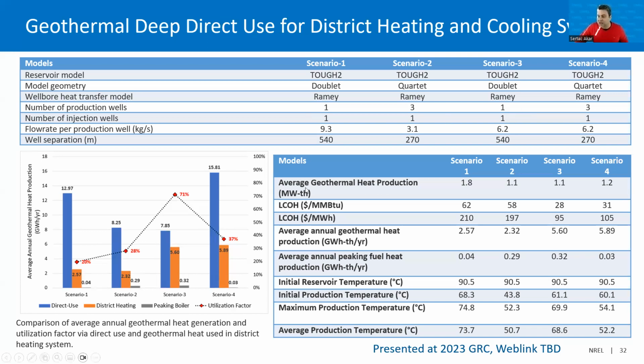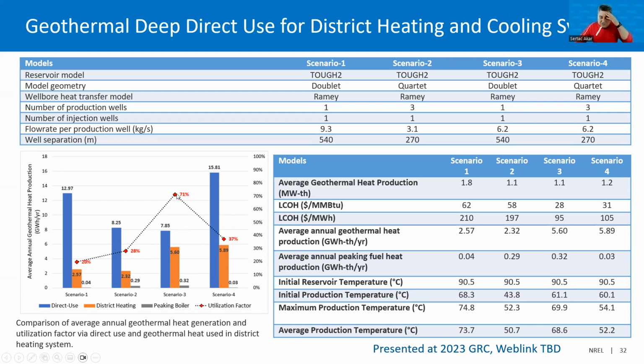And we tried to calculate the LCOH for these scenarios. And we found out that the duplet model with 1 production and 1 injection well was giving a good LCOH, a better LCOH than others. And it had the least thermal drawdown in the production scenario for 30 years of production. Also gave us the highest utilization factor.